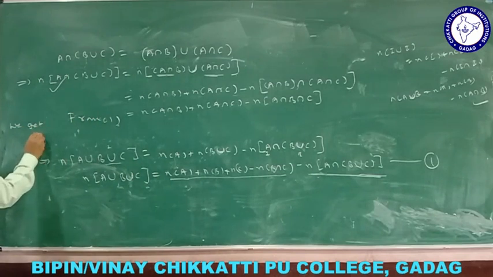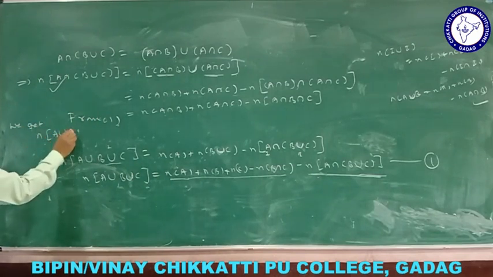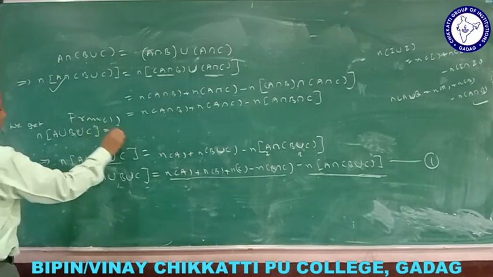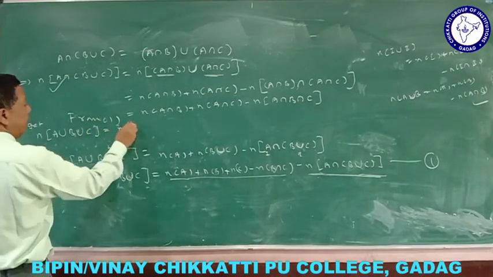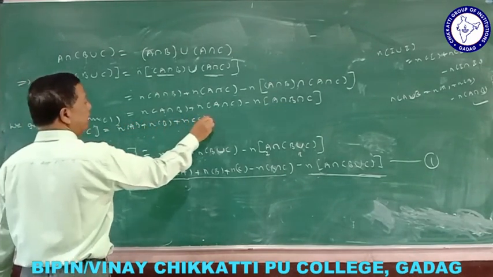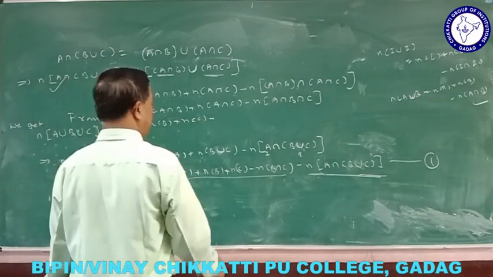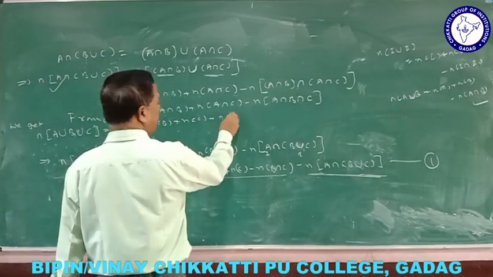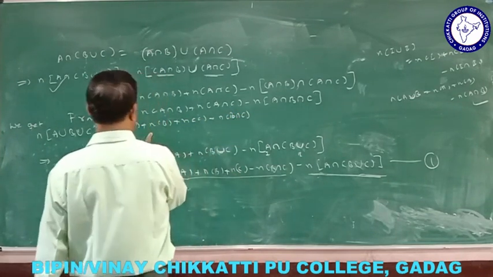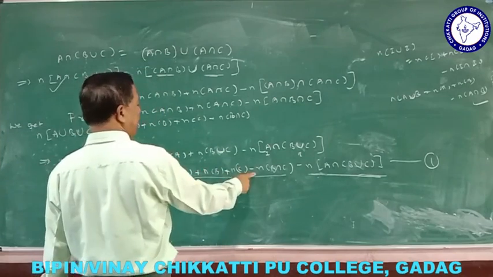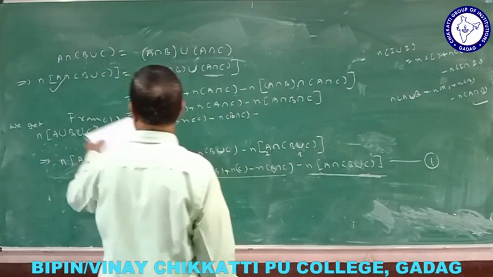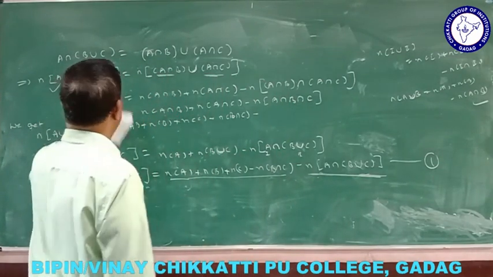What is 1? n of A union B union C is equal to, what is the formula? n of A plus n of B plus n of C minus n of B intersection C, minus this result, which is above, n of A intersection B union C. The result is how much?